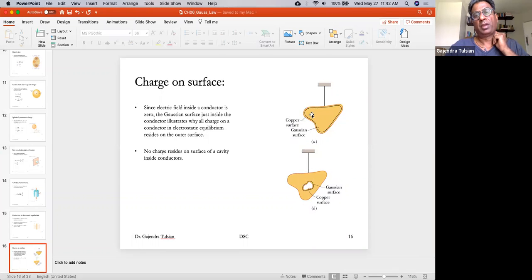And you can draw the surface all the way to the outer edge. So if there is any excess charge, it must reside on the outer surface. All charges on a conductor in electrostatic equilibrium reside on the outer surface.